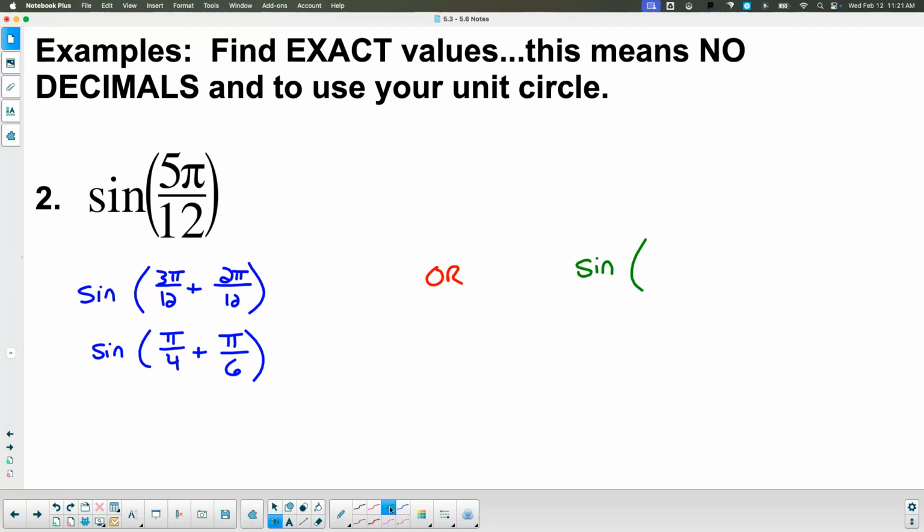Six and 1 wouldn't work because 1 pi over 12 isn't down there. 8 pi over 12 and 3 pi over 12, that works, because then that one becomes 2 pi over 3 minus pi over 4.